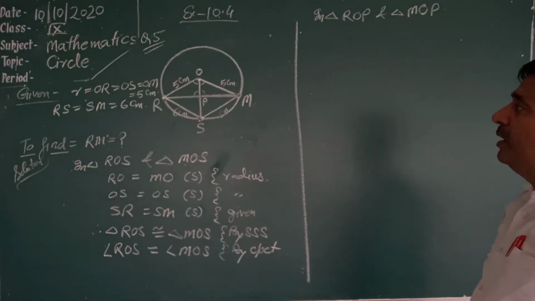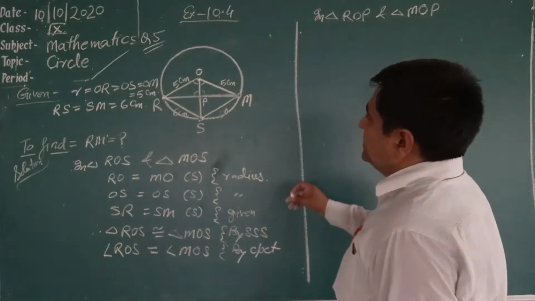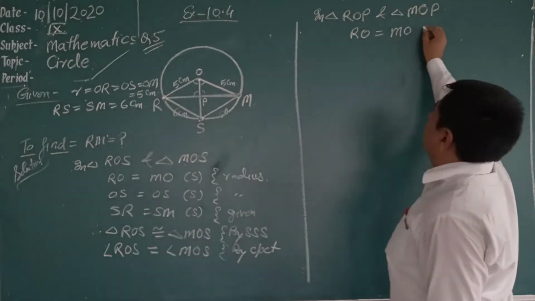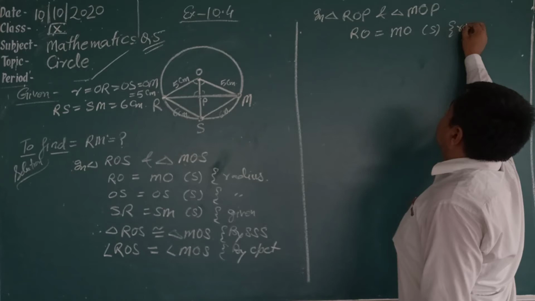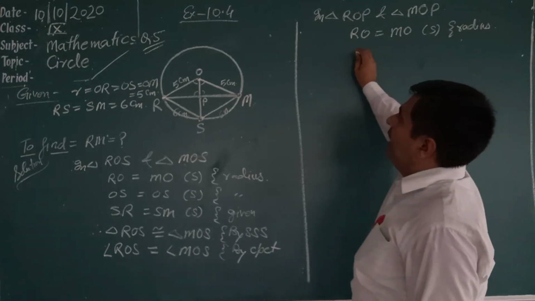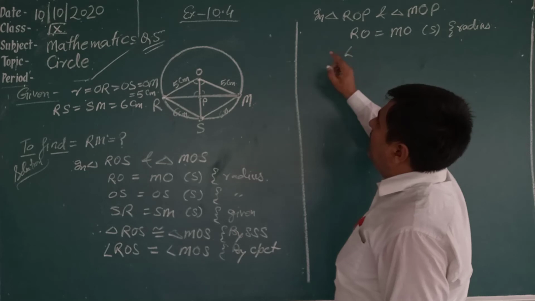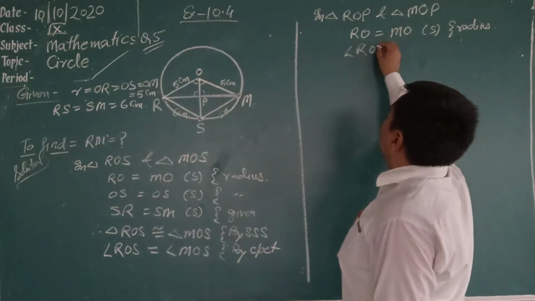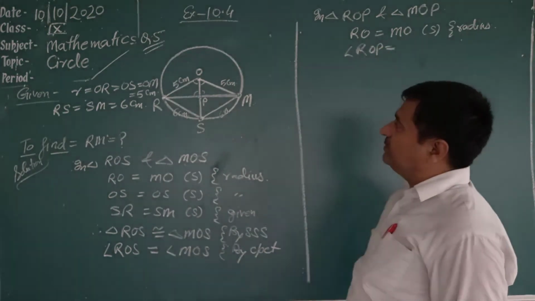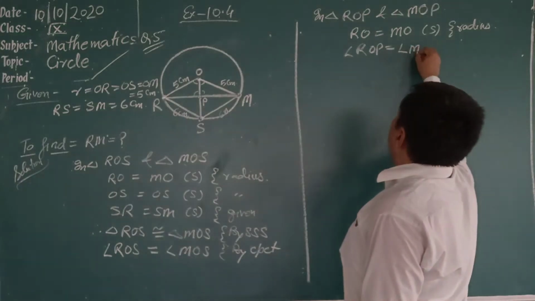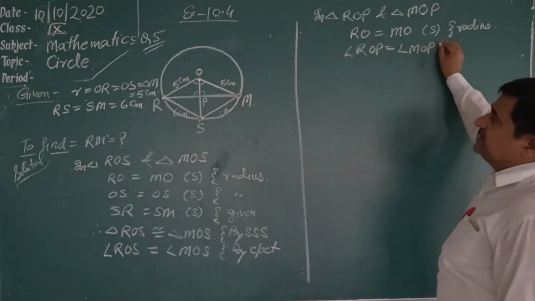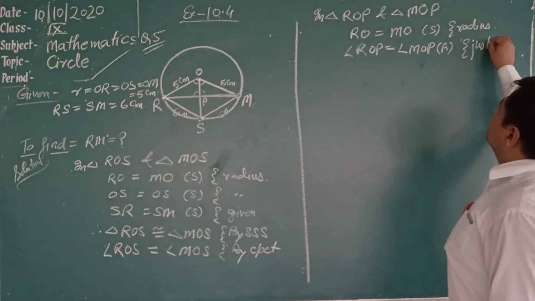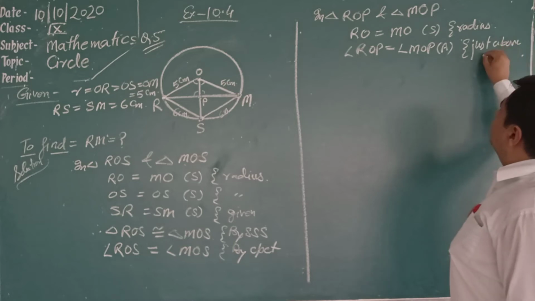Now RO is equal to MO because it is a radius. Okay, and angle ROS, we have just proved it, so angle ROP is the same thing and that is MOP, that is also the same thing, and this is the angle which we have just proved.